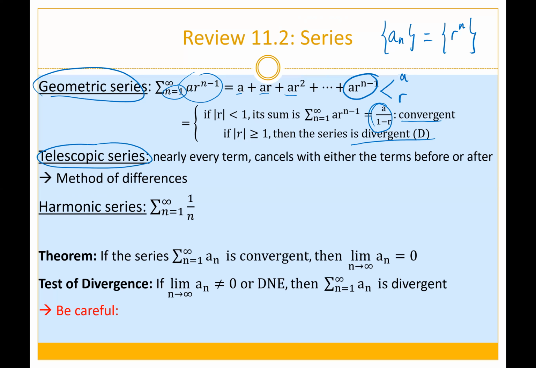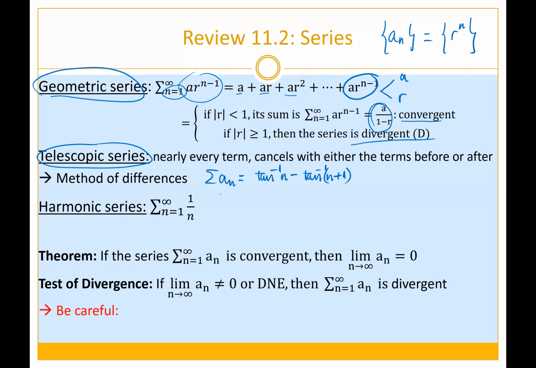We also have telescopic series. It's kind of like the series where nearly every term cancels with the terms before or after it, so it gives us something like a method of differences. Say you have a series a_n equal to inverse tangent of n minus inverse tangent of n plus 1.